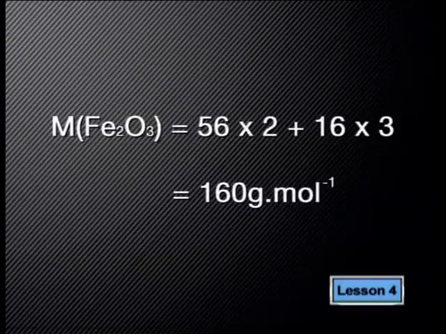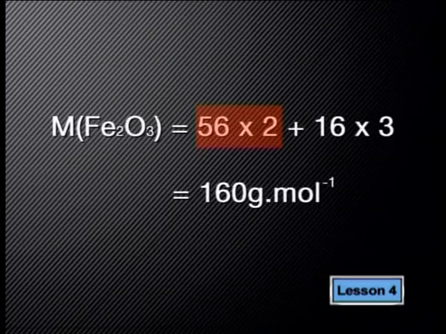But before we can compare the two compounds, we first have to find the percentage composition of iron 3 oxide. We can do this by using the chemical formula. The first step is to find the molar mass of the compound. In this case, the molar mass of iron 3 oxide is 160 grams per mole.